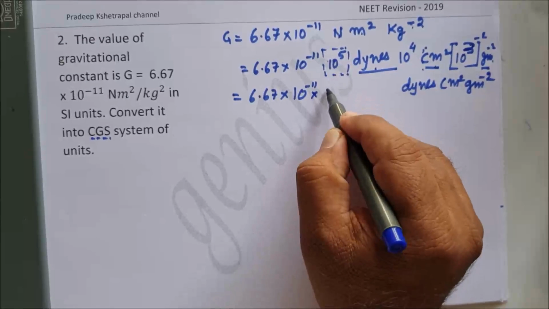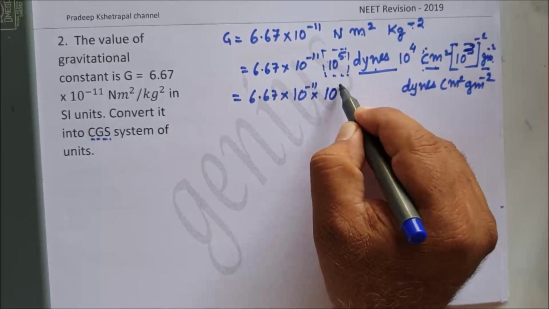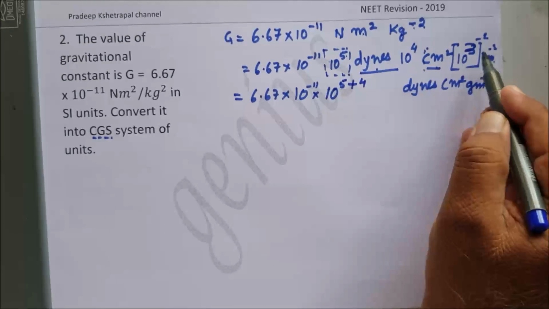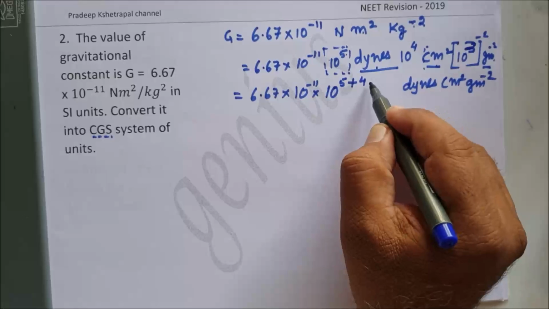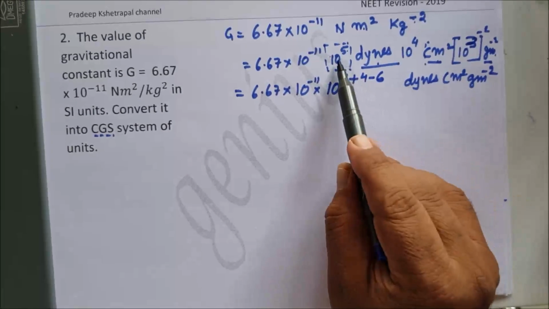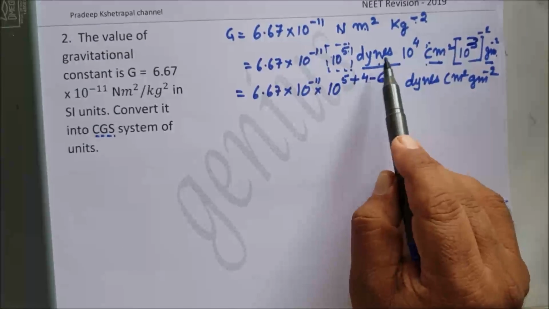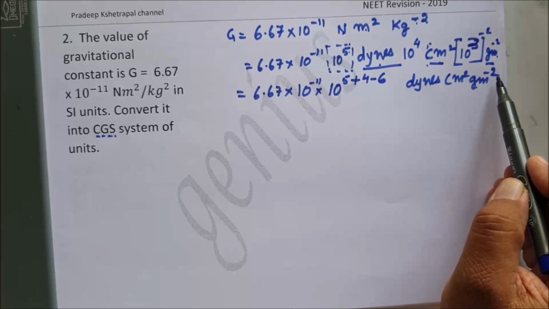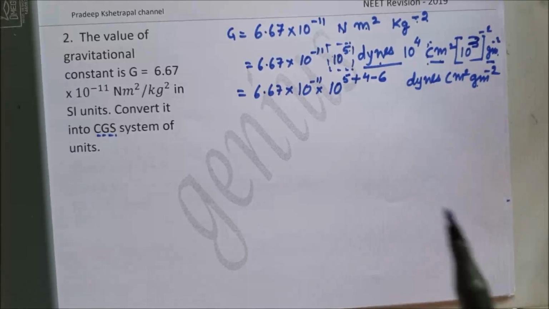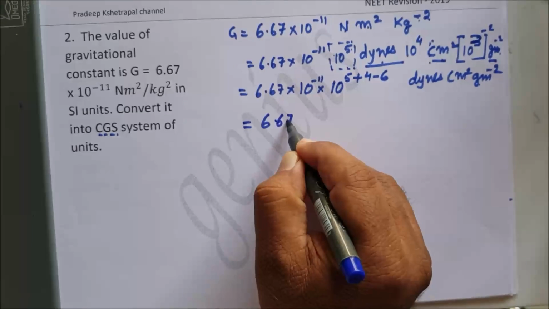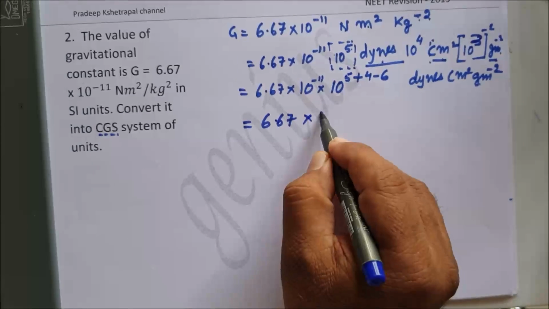The power of 10 is 5, plus 4, and 3 into minus 2, that is minus 6. This is how you have to take the powers of 10. And this has become dynes, this has become centimeter square, and this has become gram square. Kg has become gram. Now let us solve it. 6.67 as it is into 10 to the power.